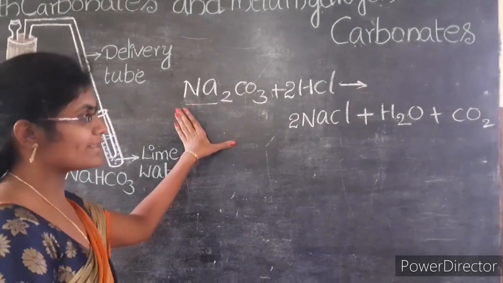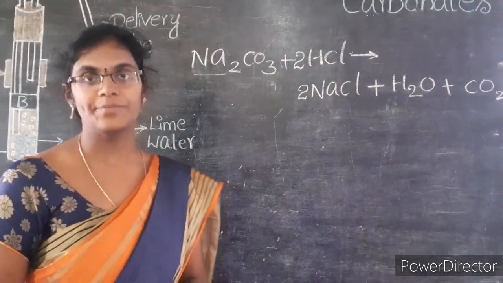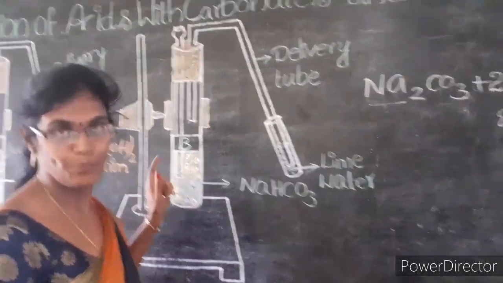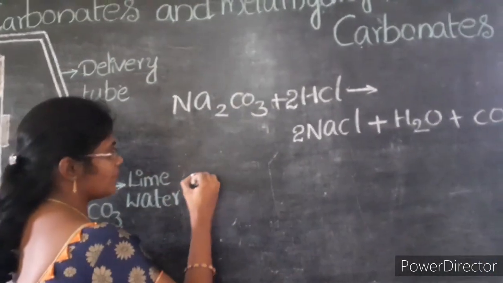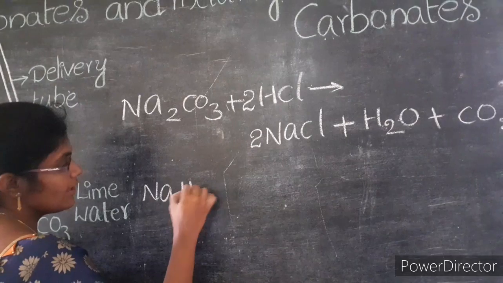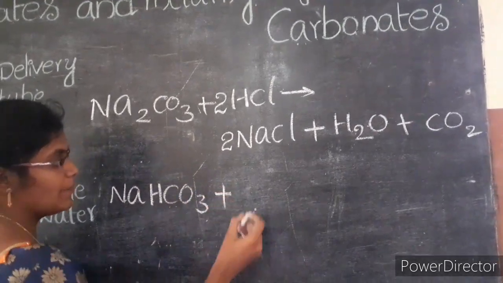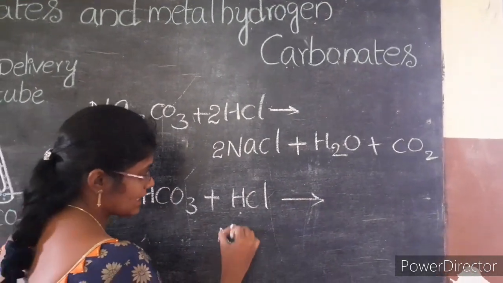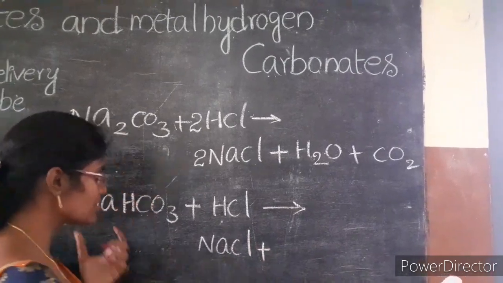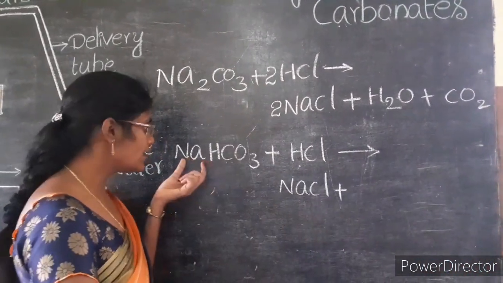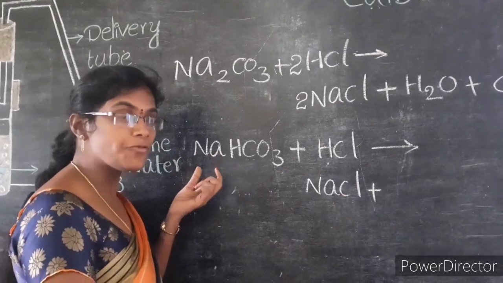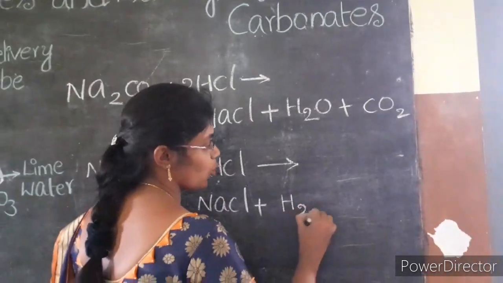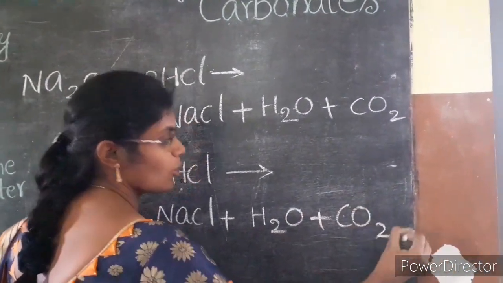Now check once again that the equation is balanced. And next, in the second case, the case of test tube B, what is the equation? NaHCO3 plus HCl gives NaCl, the corresponding salt. Here the metal is sodium. The corresponding salt for this sodium is sodium chloride. Sodium chloride plus water plus carbon dioxide.